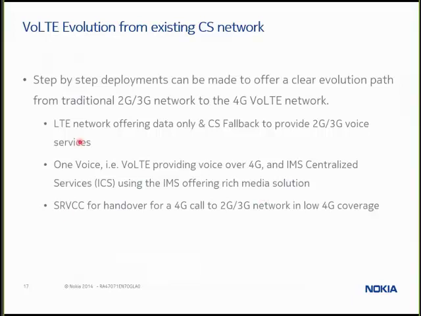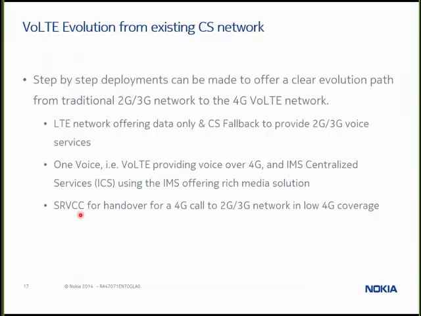Until we get there, between the circuit switch fallback and when we have full voice coverage, we will have another ability where we start a call on voice over LTE, and then as we start losing coverage and we have another network available like 2G or 3G, we can actually transition the call from voice over LTE into the other technology.